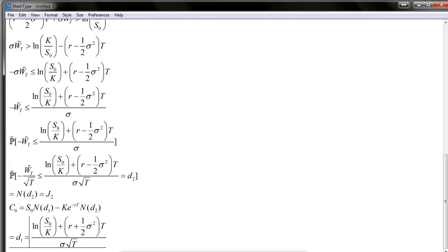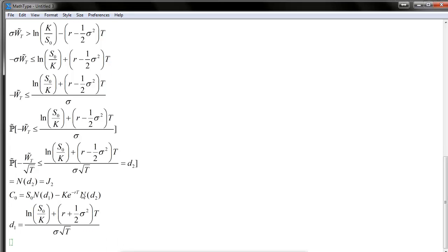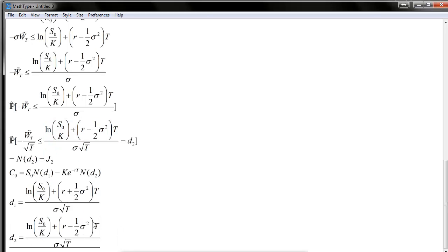Those two equations look very similar. The difference is that d2 is actually d1 minus sigma times the square root of time.